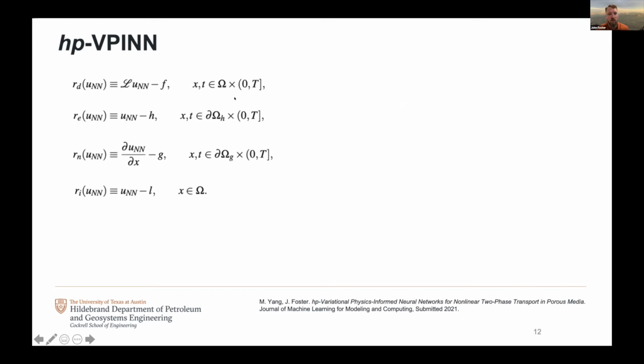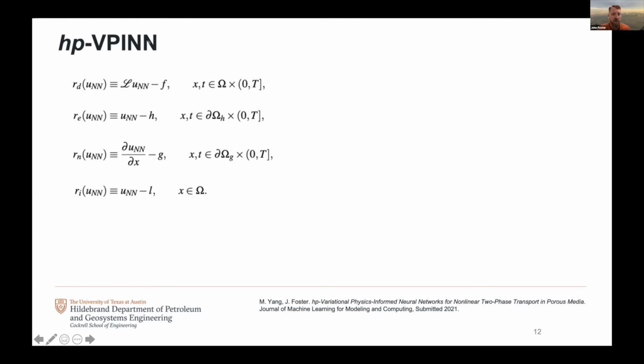So we took a different approach. We used something called an hp-VPINN. The HP comes from the finite element world, given that you can have h-refinement and p-refinement, and I have an example of what that is. And the VPINN just stands for variational physics-informed neural networks.